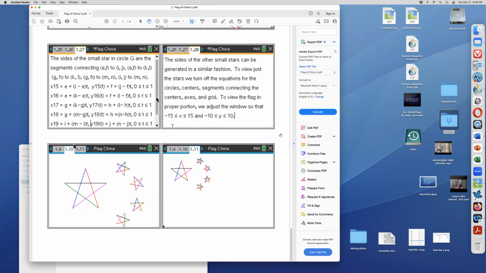Well, what I liked was that it integrated a lot of things that are not normally done in a math class. There are a lot of things where you could have students in different classes, certainly in a history class or in a sociology class, gain some insight from the analysis of the flag, and vice versa.